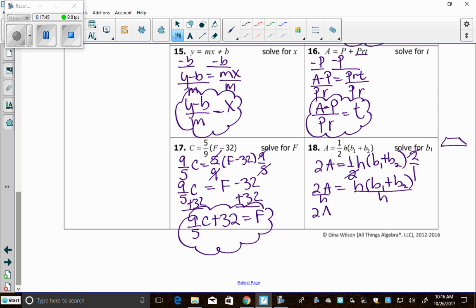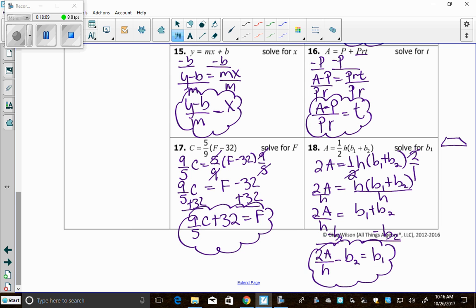If you did distribute, it's more steps. I'll show you how you would get those in just a minute. But now I have that. And then we want the B1 by itself, so I subtract each side by B2, or B sub 2. So I have 2A over H minus B sub 2 equals B sub 1. That's the easiest way to do the problem.